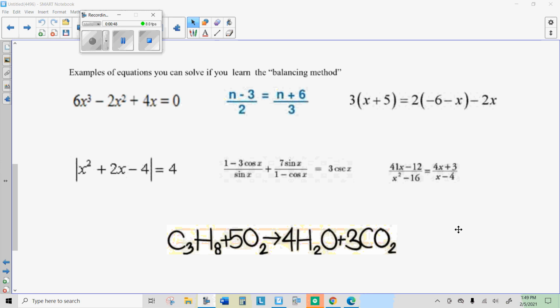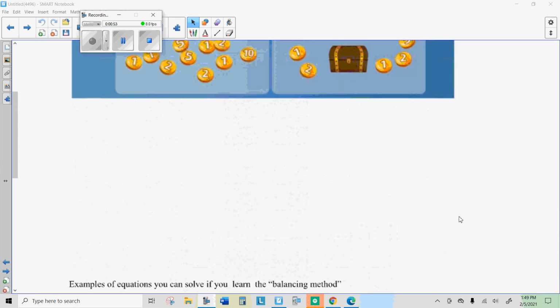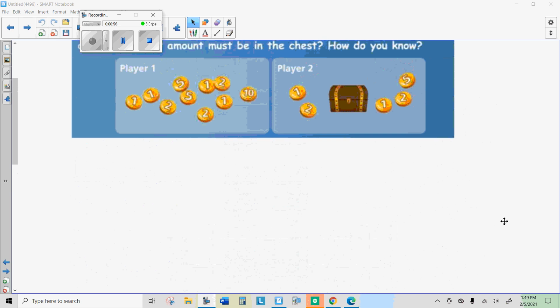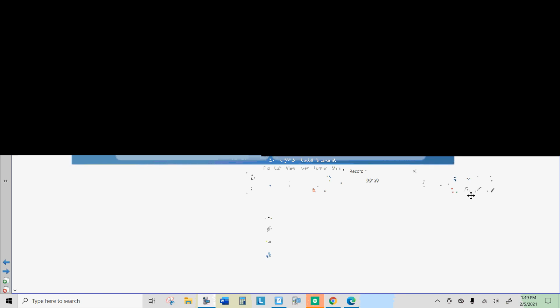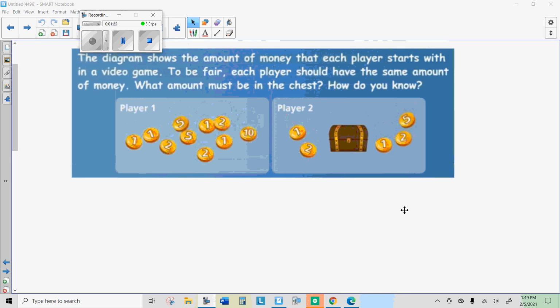So you need to stay open-minded, and a lot of times we're going to be doing equations that are fairly simple that you can see the answer, which is great, but I'm going to just ask that you learn how to understand the process that we're going to do, which is called the balancing method, because you really can't get through any more math at a high school or college level without using this method, at least for solving equations. All right, so to get you introduced to this, we got a little problem here.